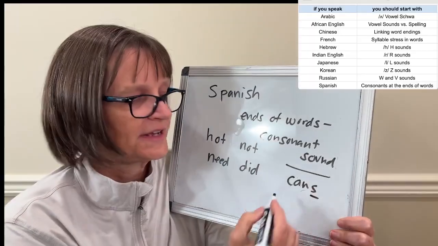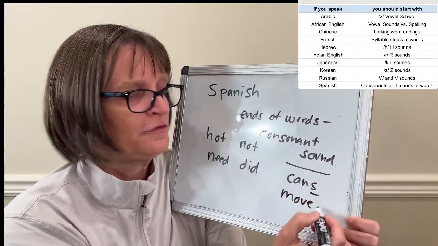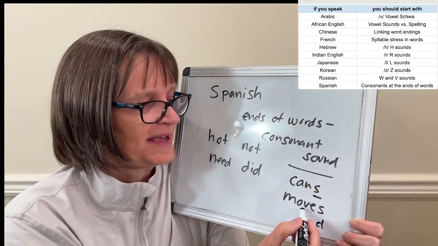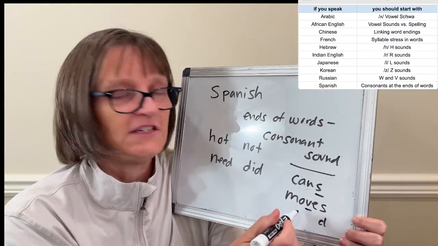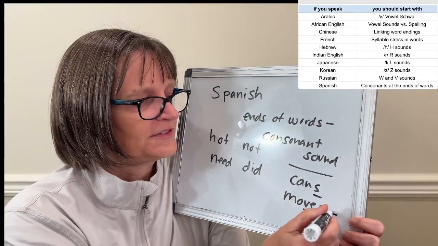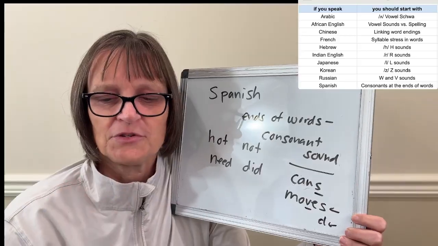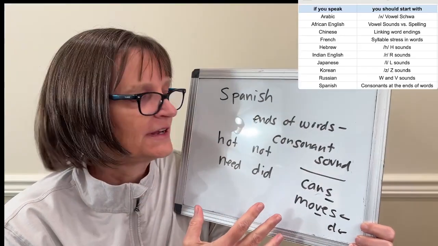Also for past tense and present tense, so the difference between, for example, move, moves, and moved. Sometimes Spanish speakers will just say move for those. They may devoice the end sound, so it might sound like moof instead of move. The S, the Z and D sounds might drop. So it makes you sound like you're making a mistake in grammar when it's really about an accent error pattern.